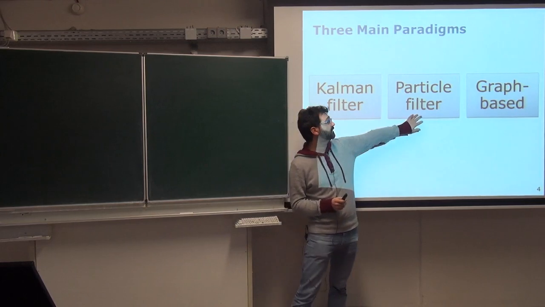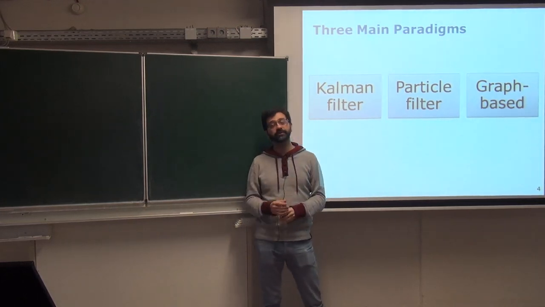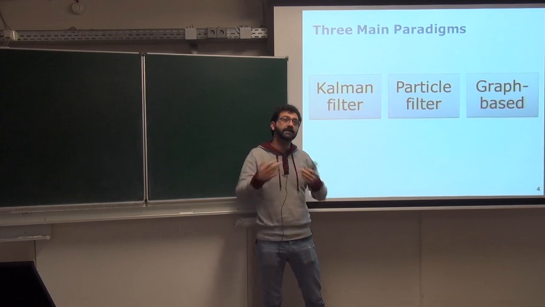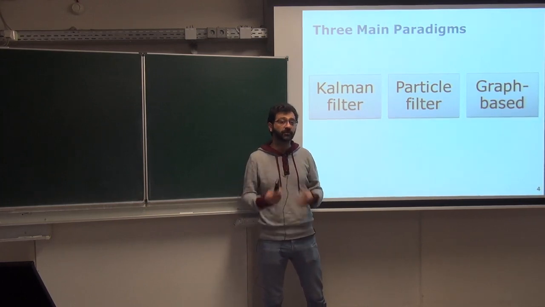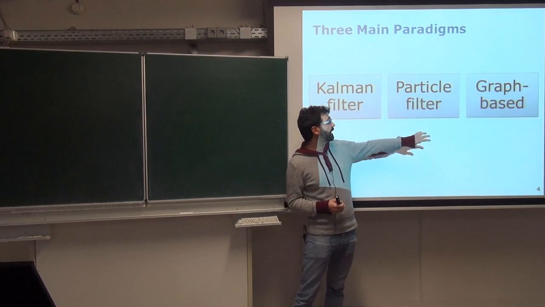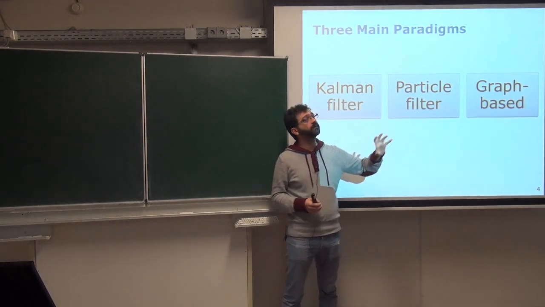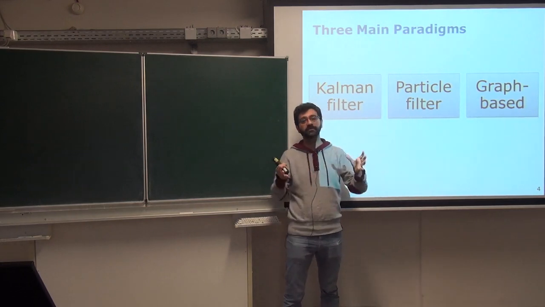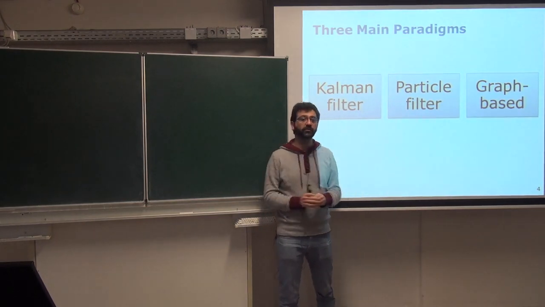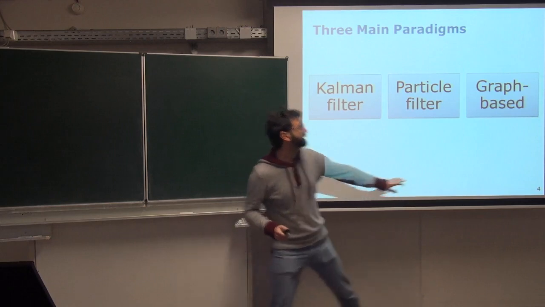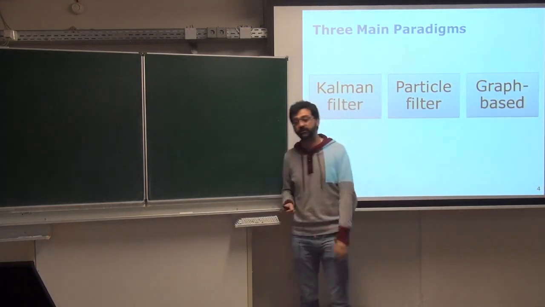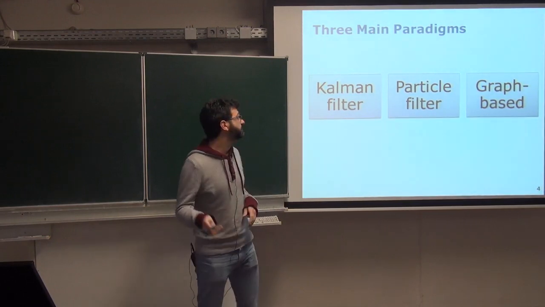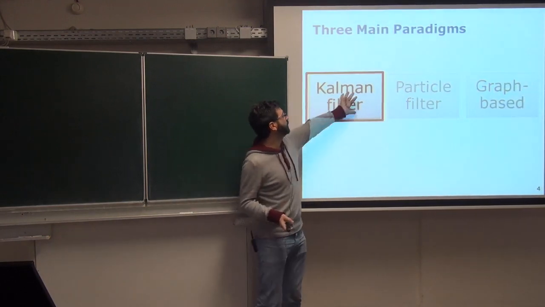We can consider several different types of noise and also non-linear models. However, we might lose in efficiency because we do not have a parameterized distribution, but what's called a non-parametric representation. And then we'll see towards the end of the lecture the graph-based model, which is the new state-of-the-art on SLAM. Today we go into this.